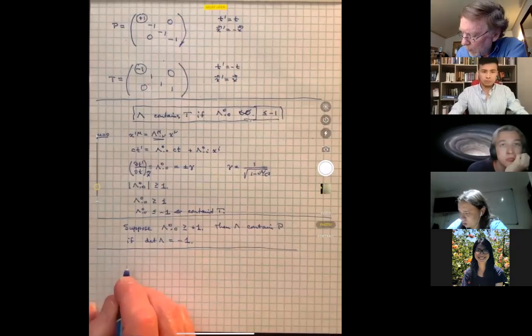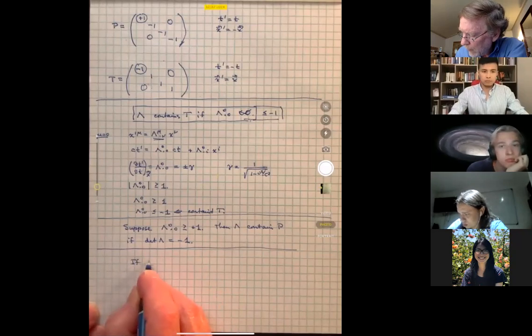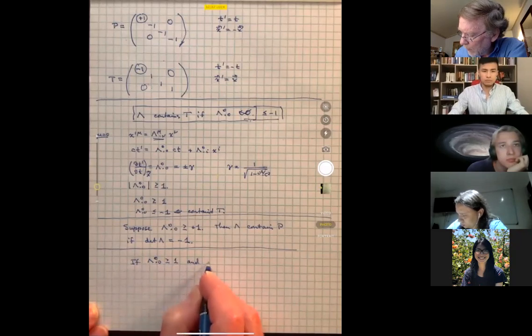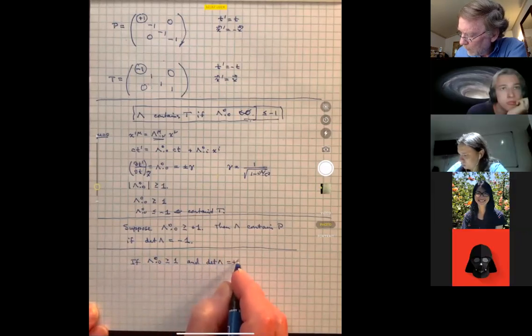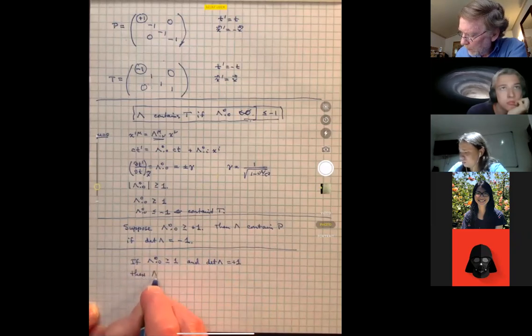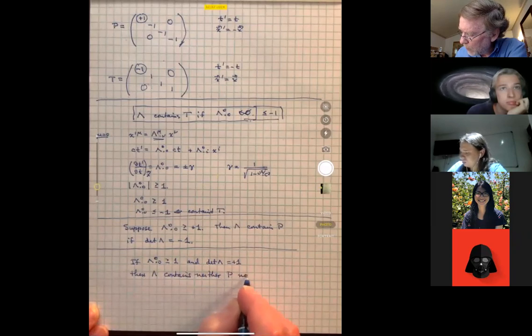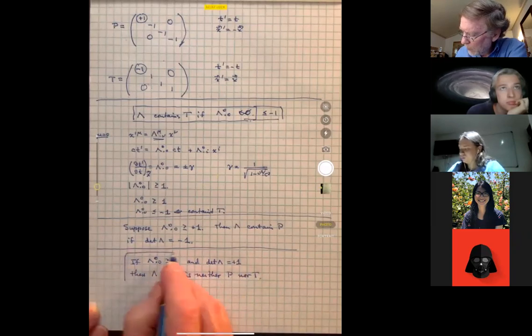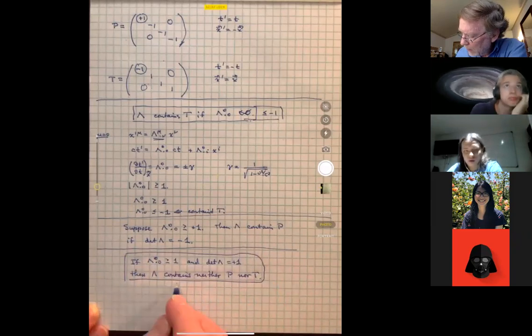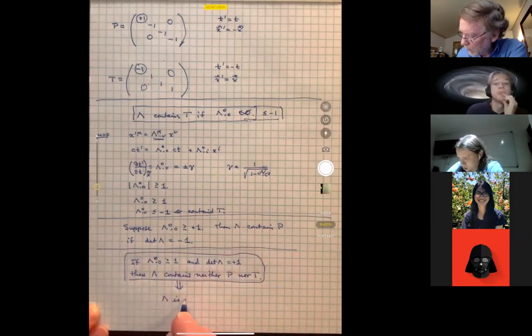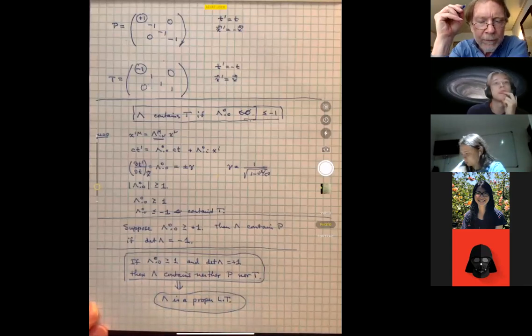So this leads to another conclusion: if lambda 0, 0 is greater than or equal to 1 and determinant of lambda is equal to plus 1, then lambda contains neither parity nor time reversal, neither spatial inversion nor time reversal. And if this is the case, we will say that lambda is proper. It's a proper Lorentz transformation. This is the definition of a proper Lorentz transformation. It contains neither parity nor time reversal.